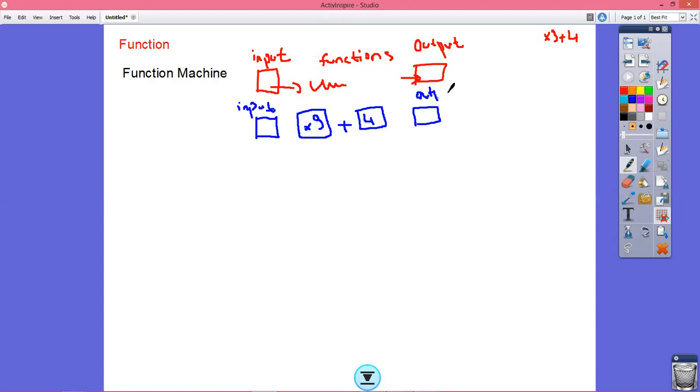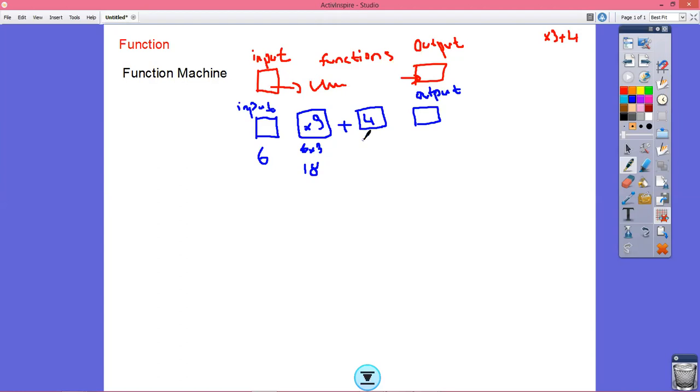Now how can it be? Let's say our input, we can choose our input, or they are going to give us the input. Let's choose the input 6. Now what we are going to do, this 6 we need to multiply by 3. 6 multiply 3, the result will be 18.